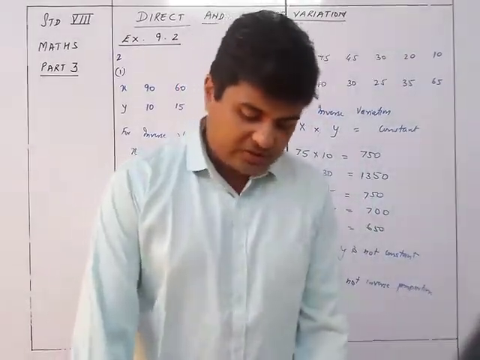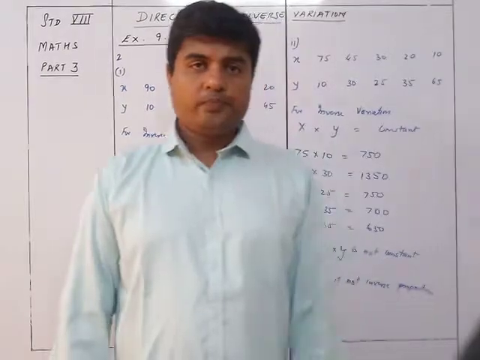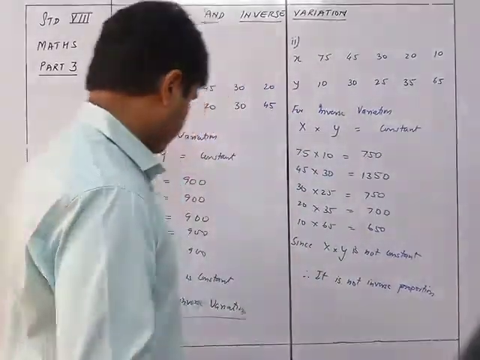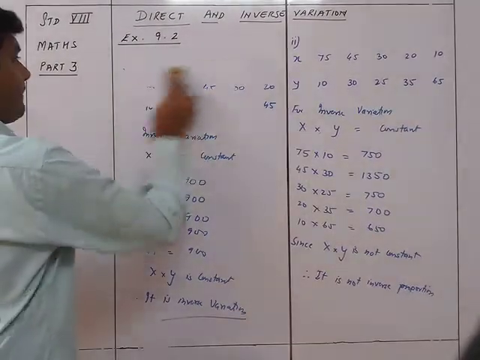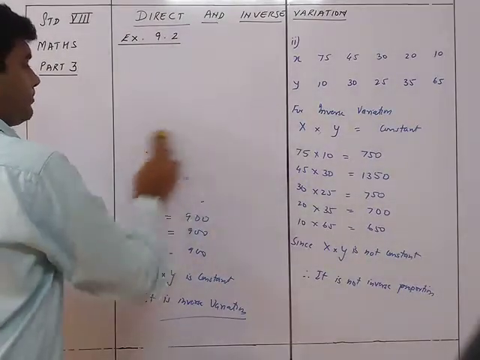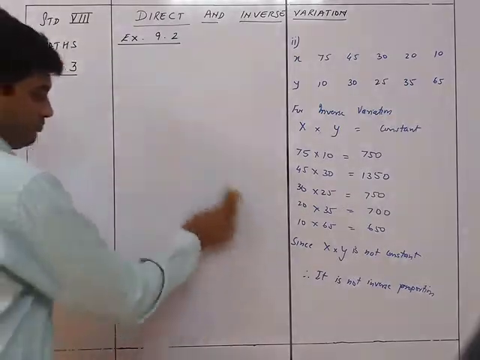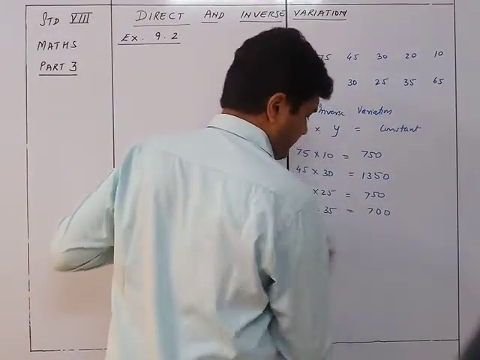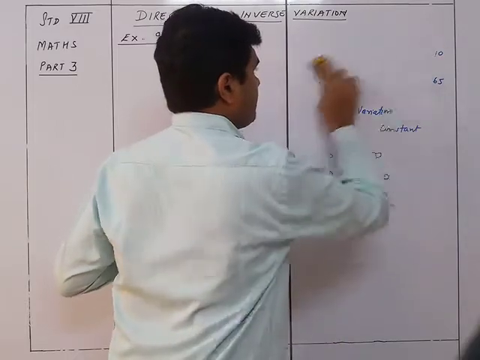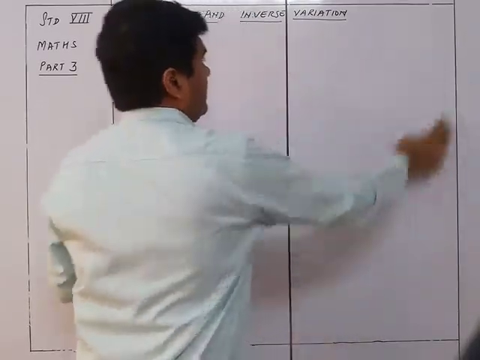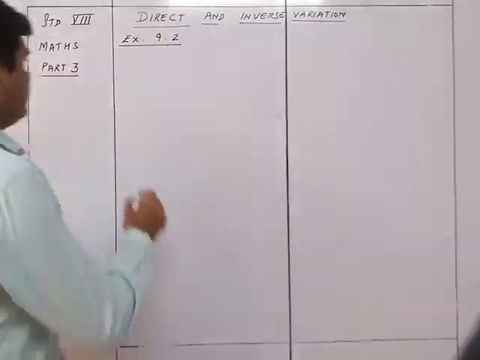So that was sum number 2. We now move on to sum number 3.